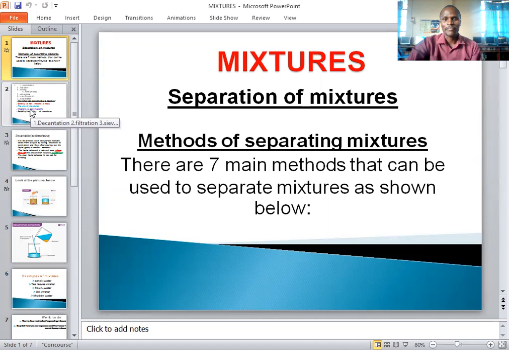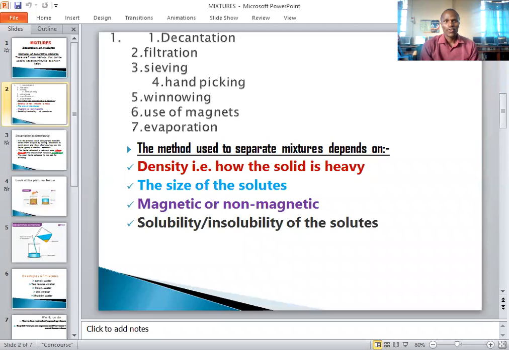We have hand picking. So these are some of the methods that you can use. I have said we have decantation, number 1. 2, we have filtration. We have sieving. We have hand picking, winnowing, use of magnets, and evaporation.